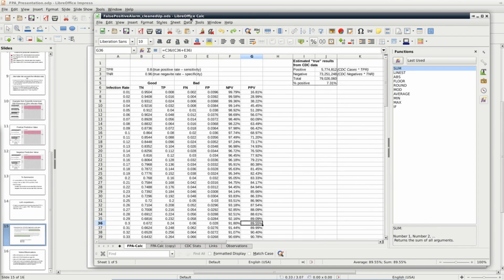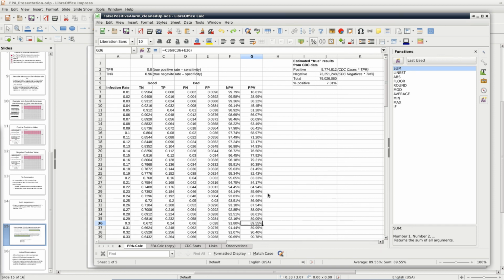So the question is how do we figure out what that true infection rate might be? Intuitively, that's a difficult question to answer, just due to the fact that the mechanism by which we determine the infection rate is the test itself.